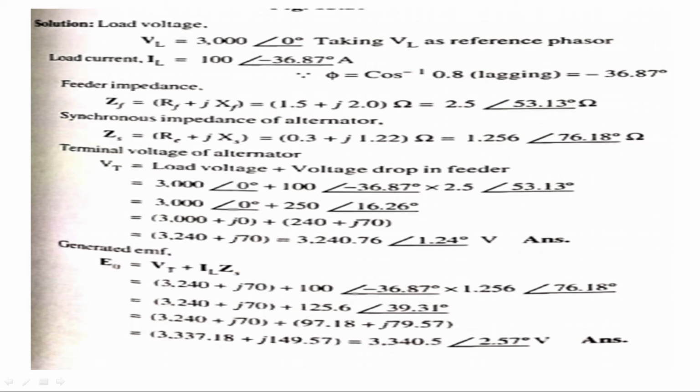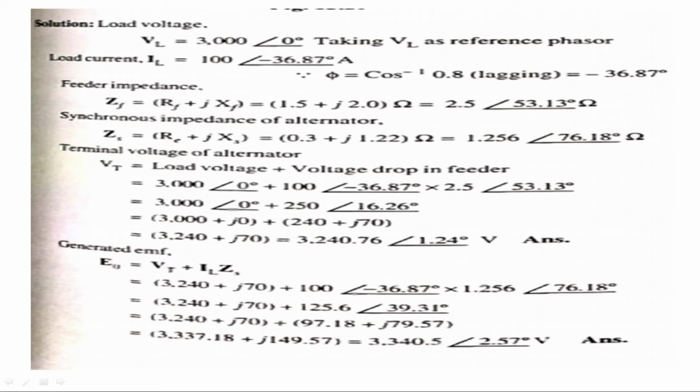Now the generated EMF E naught is equal to Vt plus ISZS. We know the value of Vt, which we obtained as 3240.76 plus j70. Because we are doing addition here, we write this in rectangular form, plus IL and ZS, which we got in polar. So the next step is to convert it into rectangular, then do the addition.